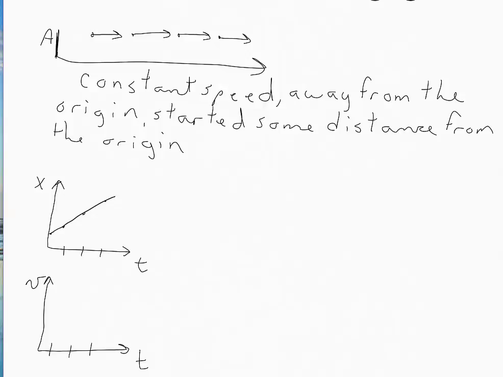This is a constant slope, so we know that our velocity is also going to be constant. If I gave you some more numbers, you could calculate it, but without those numbers, we can see that it is steady, so we can go ahead and put a line across, and that's our velocity graph that goes with this position graph, which goes with this motion map.